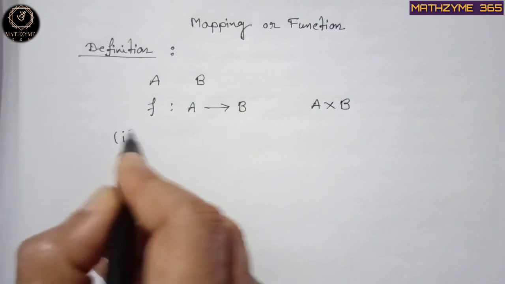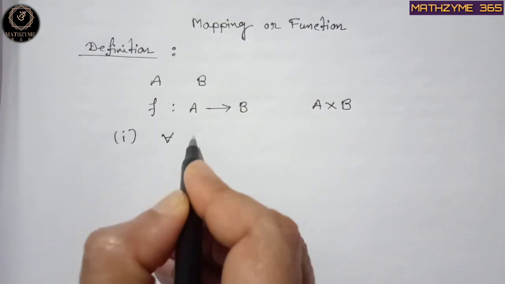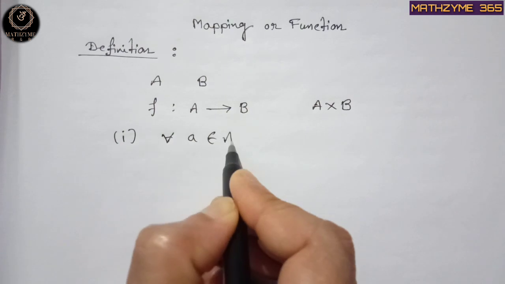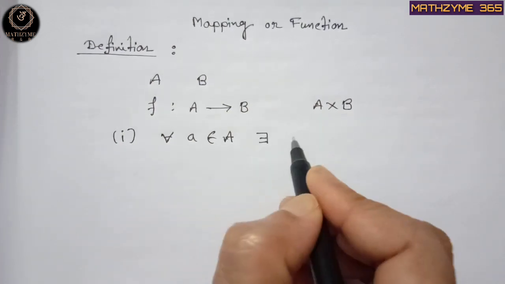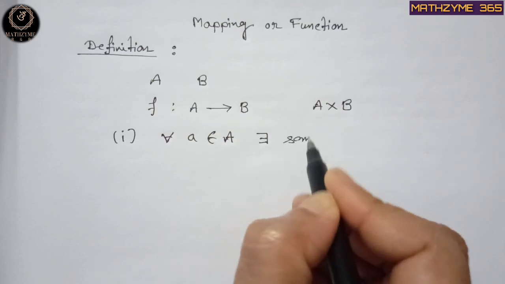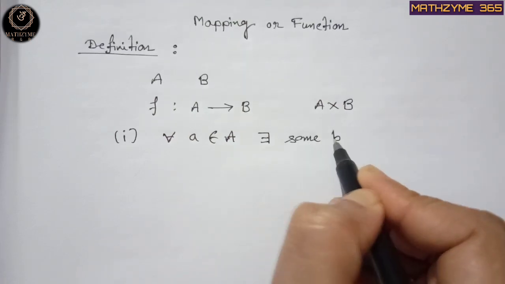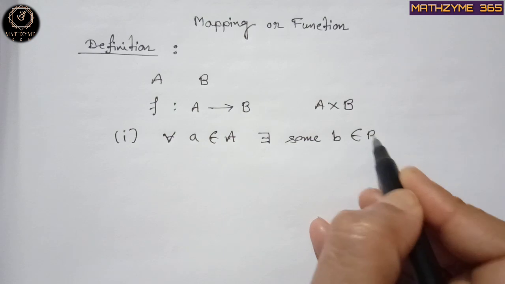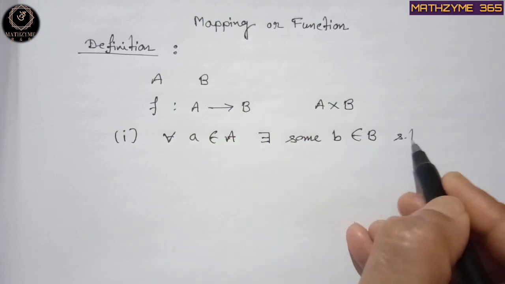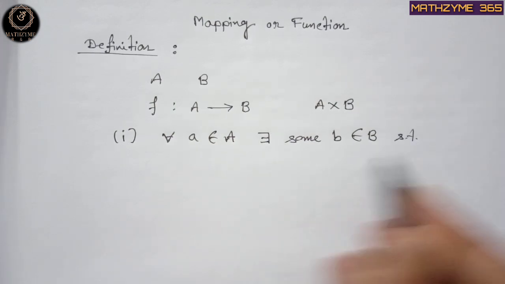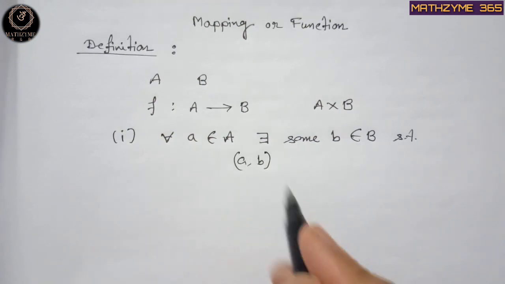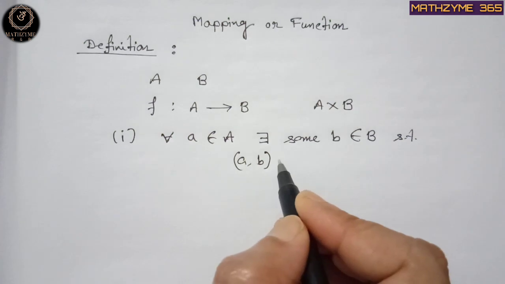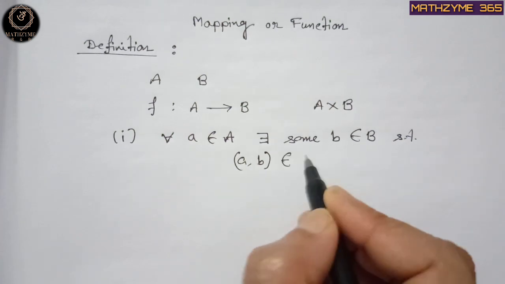Number one, for all a belongs to A, there exists some b belongs to B such that (a, b), that is the ordered pair of a and b, belongs to f.